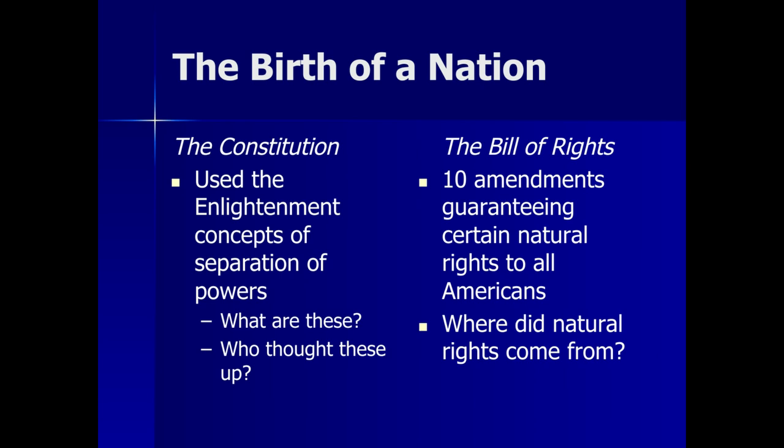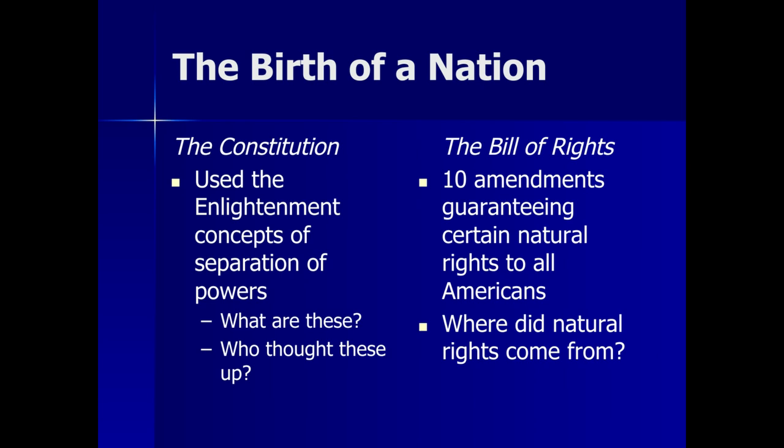But in 1789, the new Congress is going to propose 12 amendments, and 10 of these were approved by states, which became known as the Bill of Rights. These amendments guaranteed freedom of religion, freedom of speech, press, petition, and assembly. They're going to give Americans the right to bear arms and to be protected against unreasonable searches and seizures.